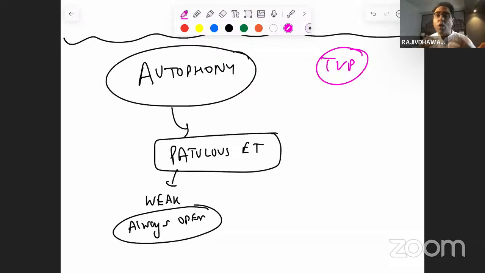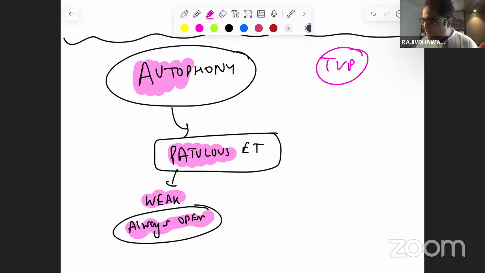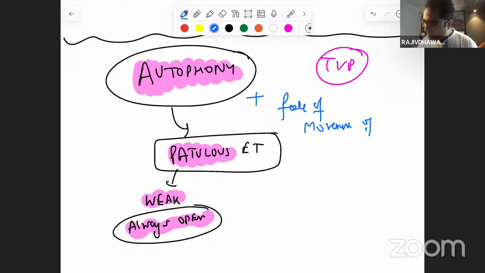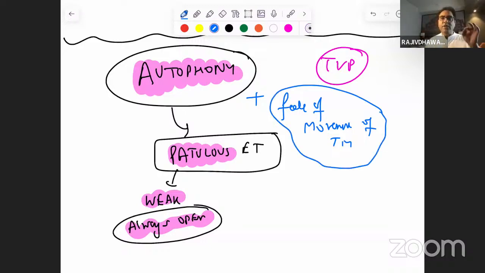If this tube is always open, it is called patulous eustachian tube, beta. It's a weak tube, always open. So autophony, hearing your own voice all the time, beta. Autophony plus feeling of movement of the tympanic membrane with breathing is a feature of patulous eustachian tube, beta.